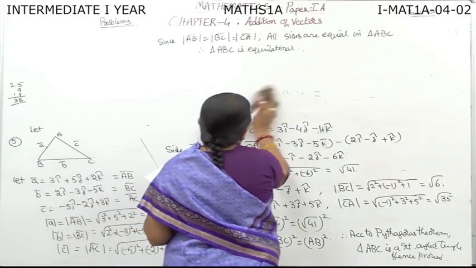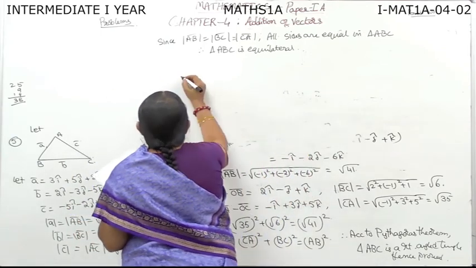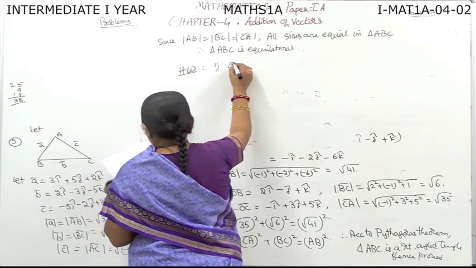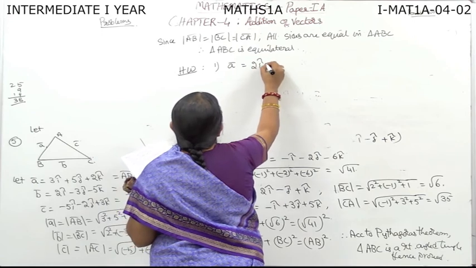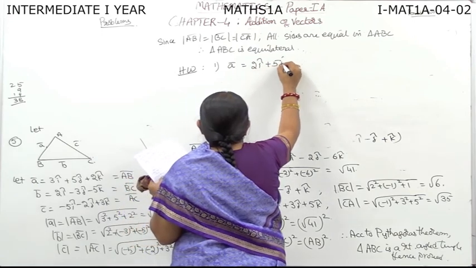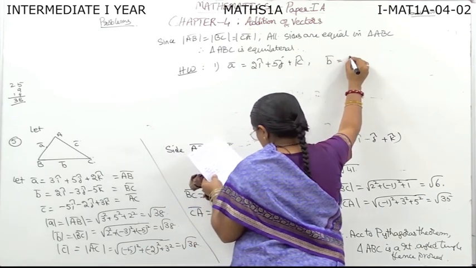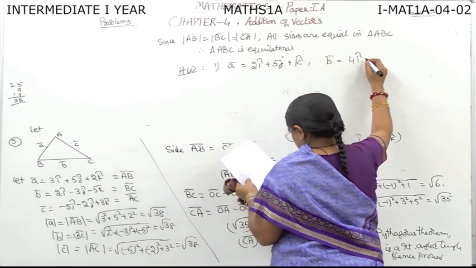Now will you please take down this homework. First problem. A is equal to 2i plus 5j plus k.